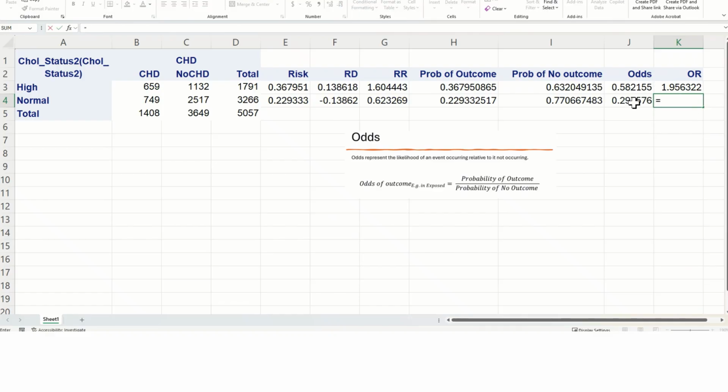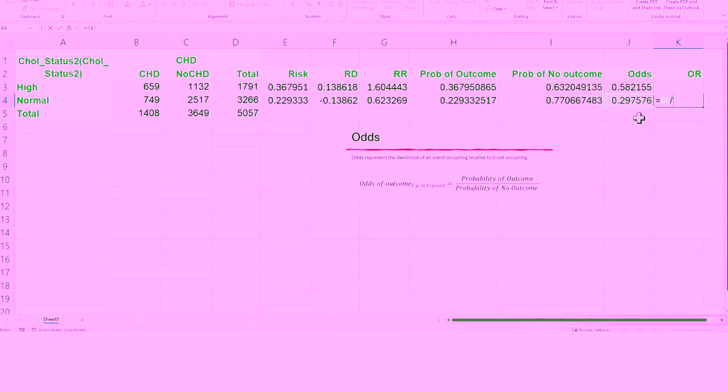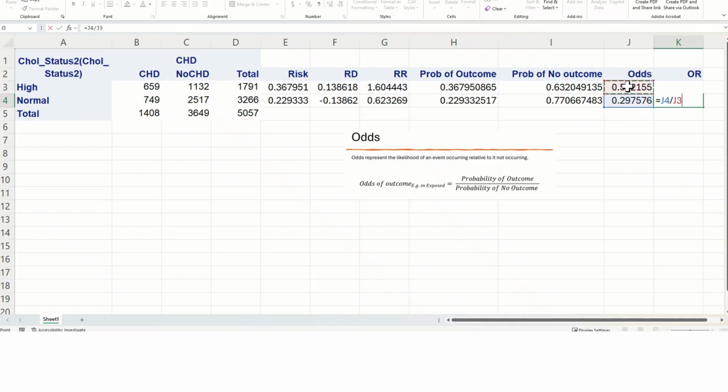That is, the odds of chronic heart disease among normal cholesterol individuals divided by the odds of chronic heart disease among high cholesterol individuals, which is 51.11%. And the way we interpret it is the odds of developing chronic heart disease among normal cholesterol individuals is 49% lower than high cholesterol individuals.